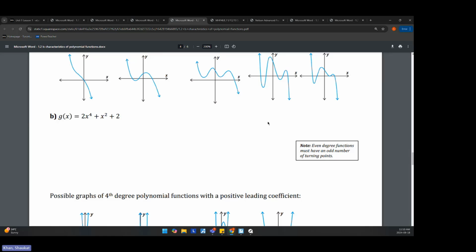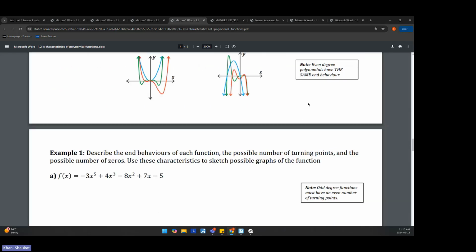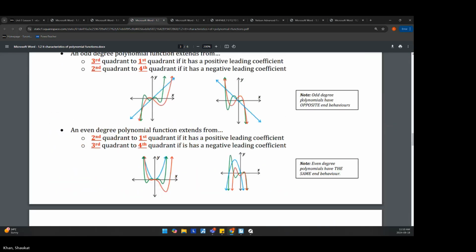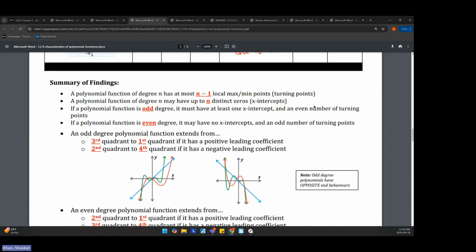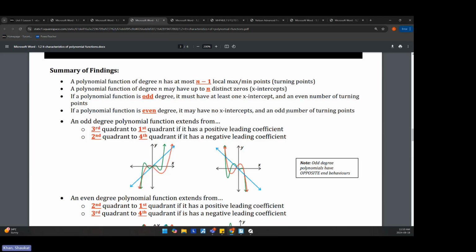We know that an even degree polynomial can only have an odd number of turning points. So since it can only have 3 turning points maximum, the only other possibility is 1. So you can either have 1 turning point or 3 turning points. It cannot have 0. It cannot have 2 or 4. So 1 or 3 is the only possibility.